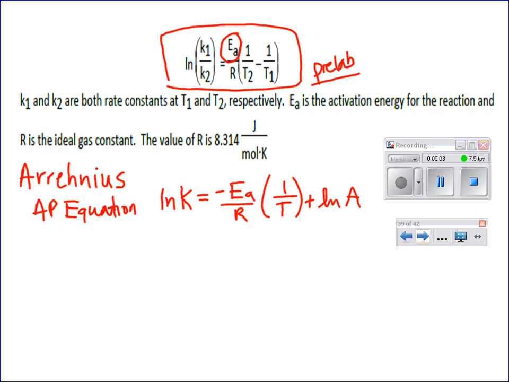But I want you to realize, this being on the AP equation sheet, if you're asked to graph to find activation energy, like we've been doing with Clausius-Clapeyron and other incidences, you're going to utilize this linearized version.